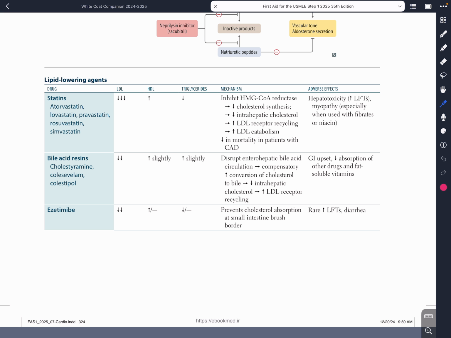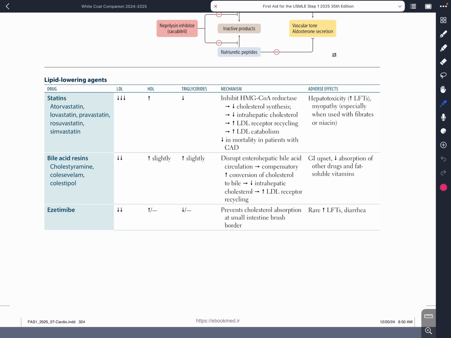Now, main lipid lowering agents. Lipid lowering agents are very, very important because America, as you know, has an obesity epidemic, and almost every obese person, obese meaning BMI of more than 30, gets a statin, even in the pediatric population.